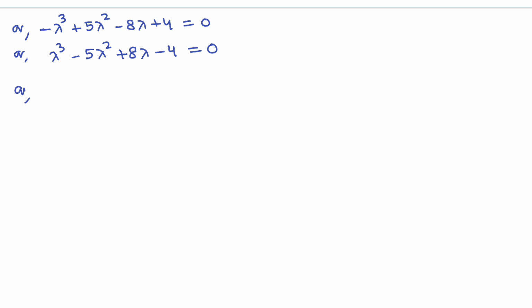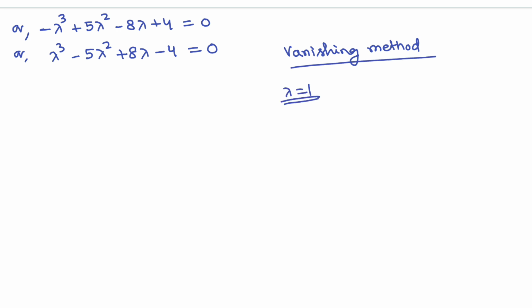Okay, so factorization. Here you can see that if I put lambda equals 1, we are using the vanishing method. If we put lambda equals 1, we get 1 minus 5 plus 8 minus 4.